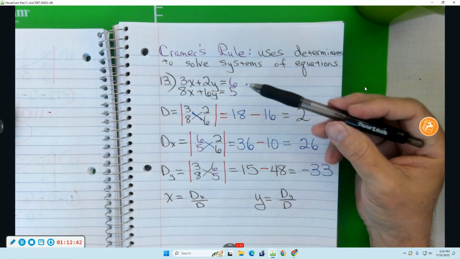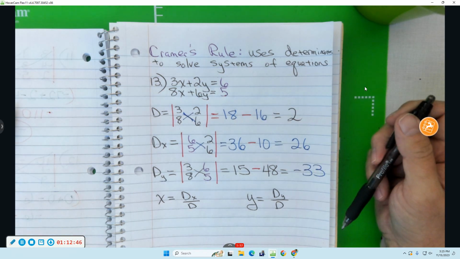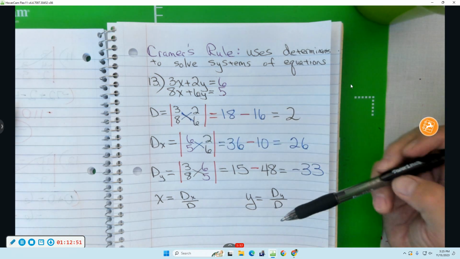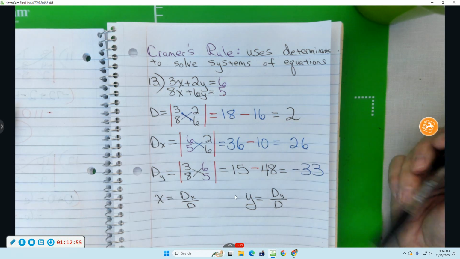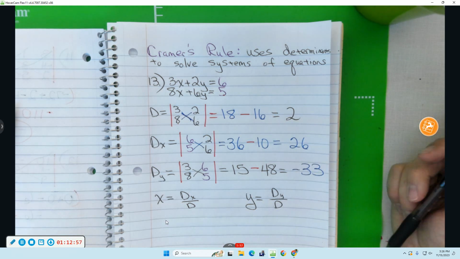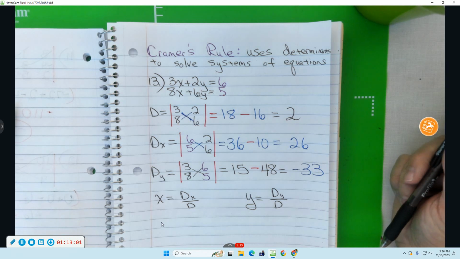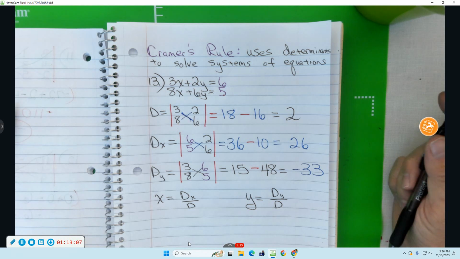If there had been a third variable z, it would be d sub z divided by d. But that would have been one of those big determinants, the 3 by 3 determinants. We're only making you use 2 by 2s here for Cramer's rule, but it can be extended to a 3 by 3 determinant, or to a system of equations with 3 variables and 3 equations.